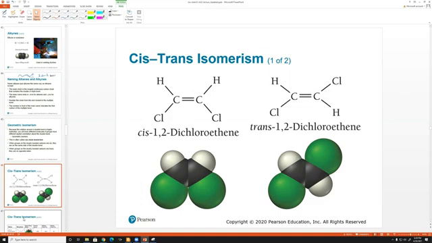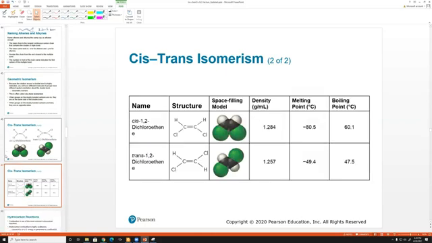They're bonded very similarly, but the carbons are just flipped over. And this has a big effect, believe it or not. Density is about the same, but melting point and boiling point have a difference. Density is about the same because they're the same size.